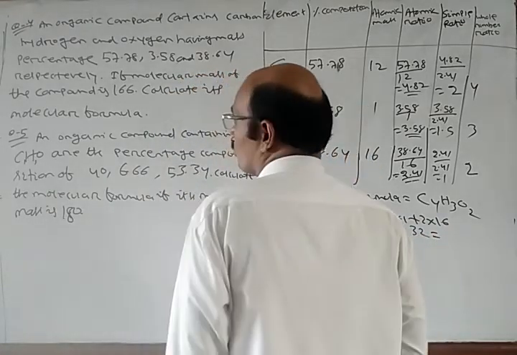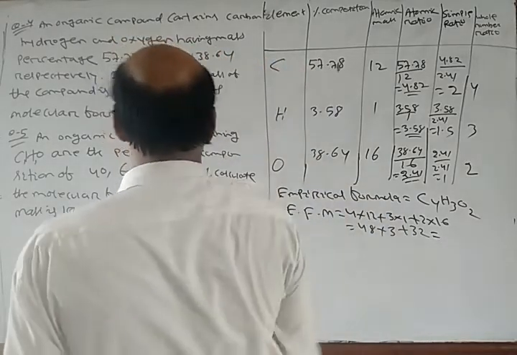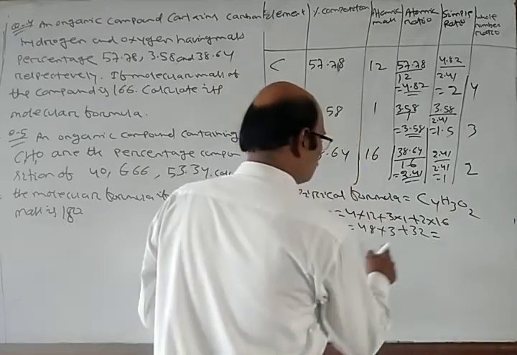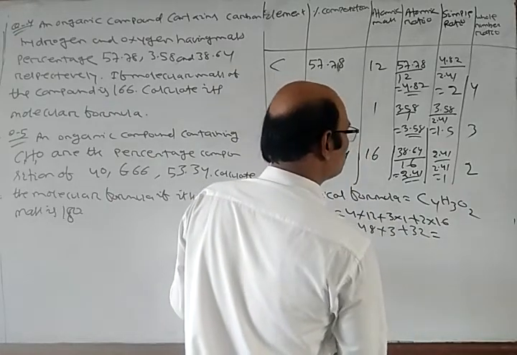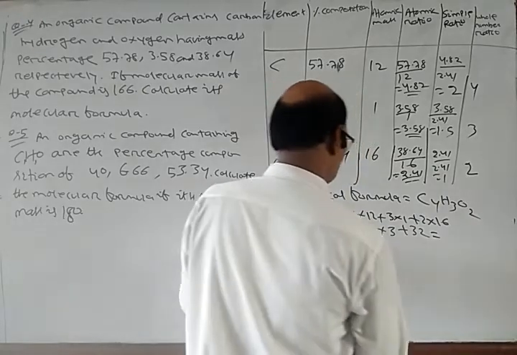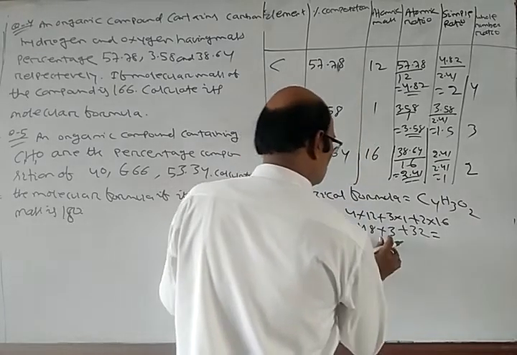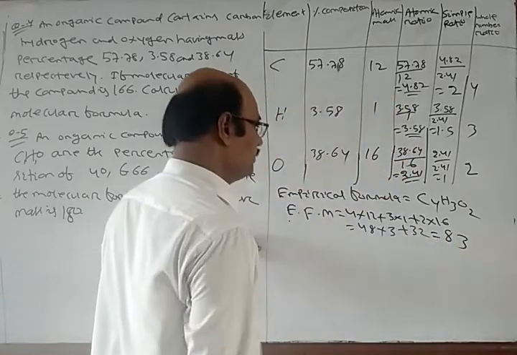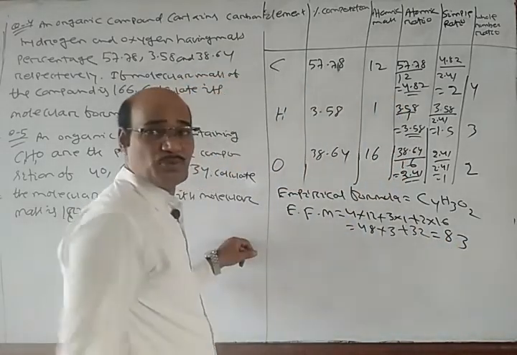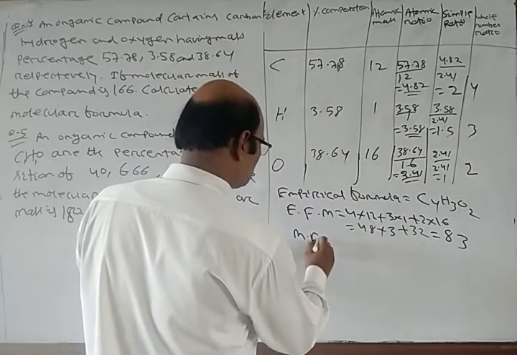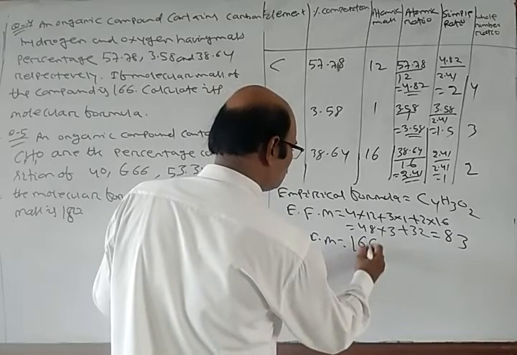And the given value 166 is the molecular mass. So 48 plus 3 plus 32 gives 83. So 83 is the empirical formula mass, and the molecular formula mass given here is 166.